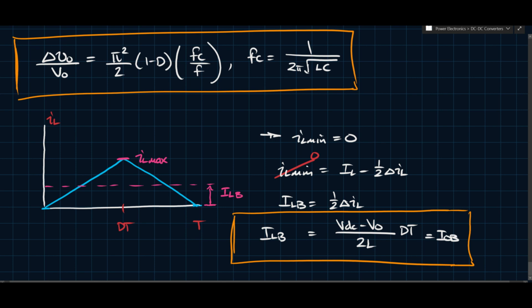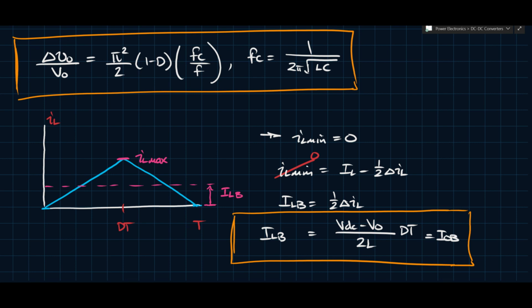So the boundary inductor current is equal to the boundary current for the output. Because when we're comparing them, you have to compare the average value of the inductor current with the boundary current of the inductor, or compare the average output current to the output boundary current. So you have to make sure that you're comparing it to the right boundary. You can't compare the output current to the inductor current and say, oh, it must be in continuous conduction mode. You can in this case, but you can't generally.